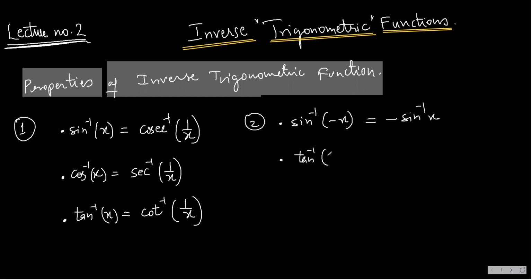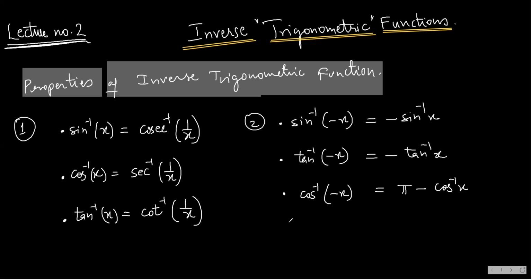Tan inverse of minus x is equal to minus of tan inverse x. And cos inverse of minus x is pi minus cos inverse x.